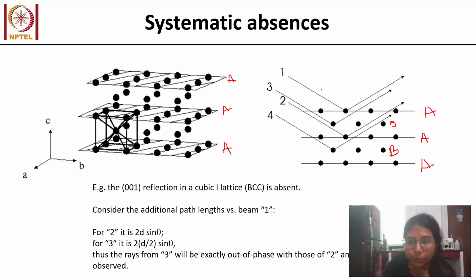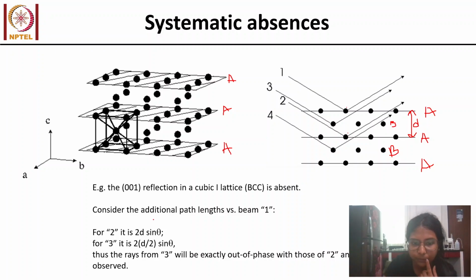What we will do is look at beam 1. Beam 1 means this A set of planes. Beams 1 and 2 are the same set of planes, and the interplanar distance, suppose, is d. This A set of planes follows Bragg's law and undergoes diffraction, and we will get the spots corresponding to them.